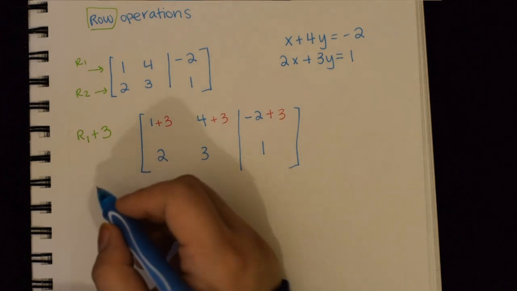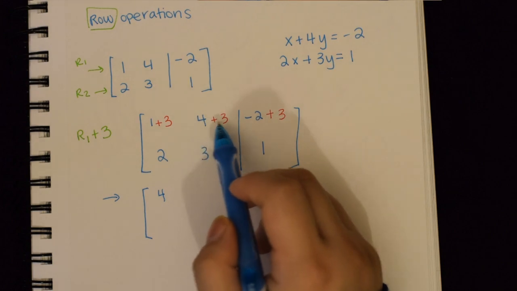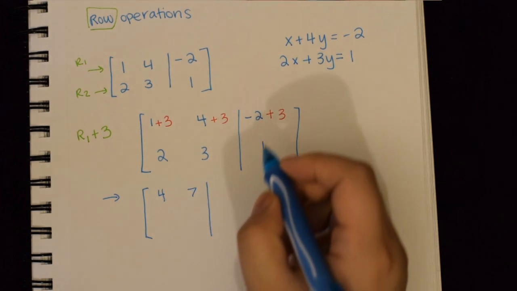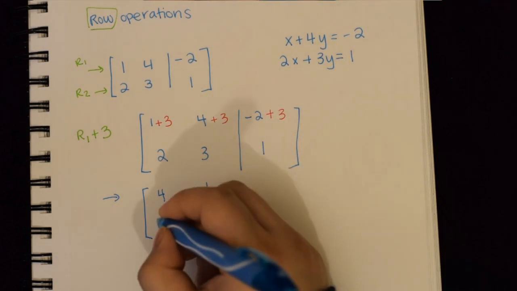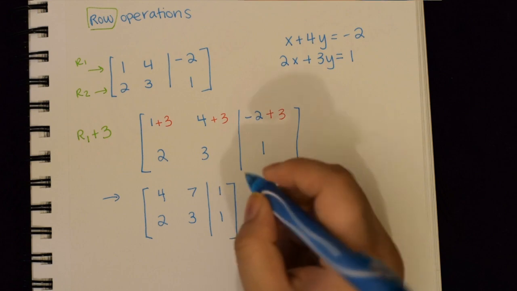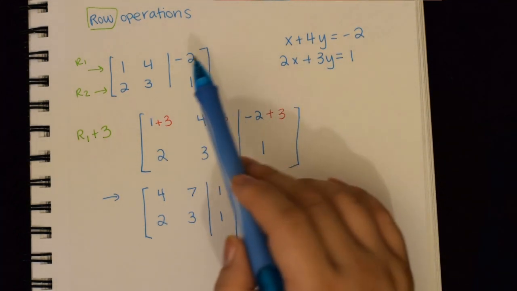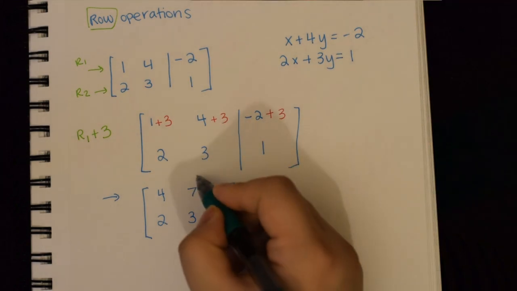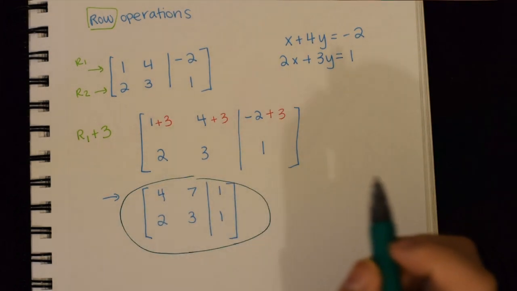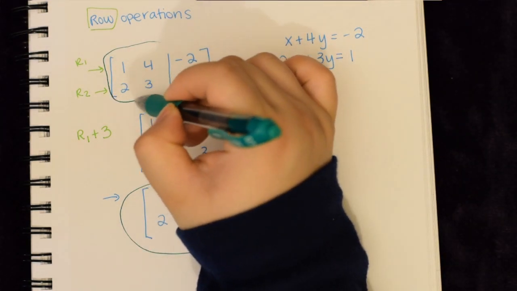Okay. So then this would give us 4. 4 plus 3 is 7. -2 plus 3 is 1. And then we keep the second row as it is. So the question is now, okay, we've gone from here to here. Now the question is, does this matrix represent an equivalent system as this one?